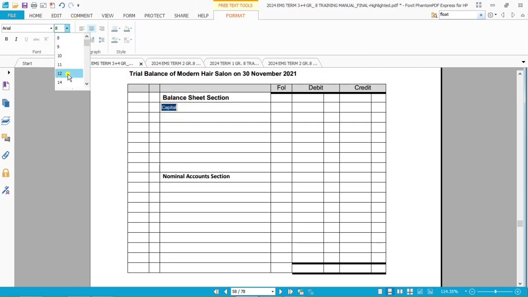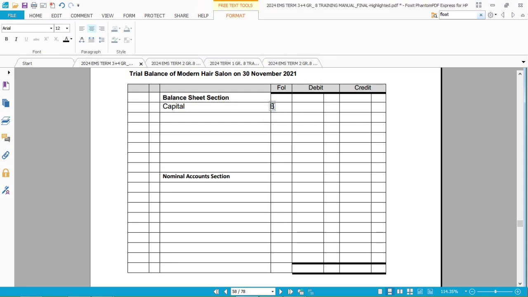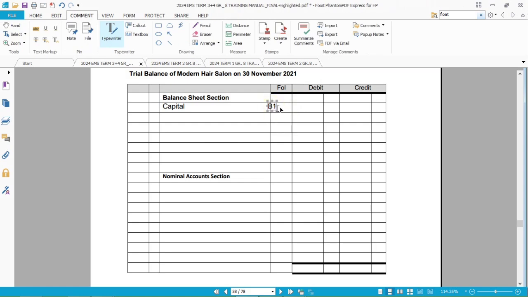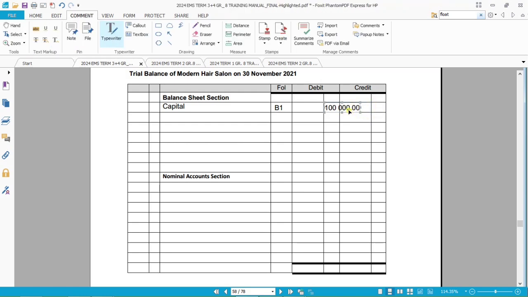This is my first account, capital, and this is B1 because this is my reference number, and I've got 100,000. It's going on the credit side, I apologize, because capital increases on the credit side. I've got 100,000. I'm just going to leave a space for cents there. On this other side here we'll have cents, 0 cents.